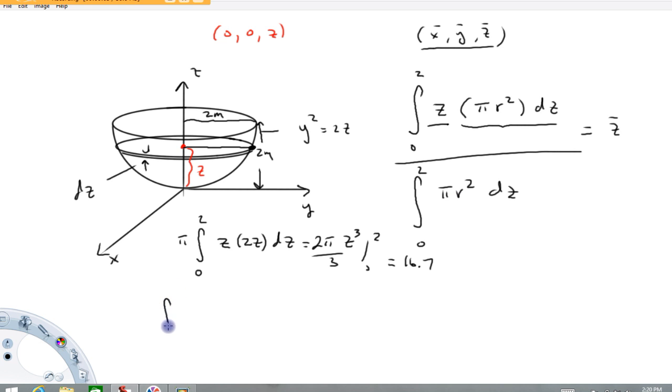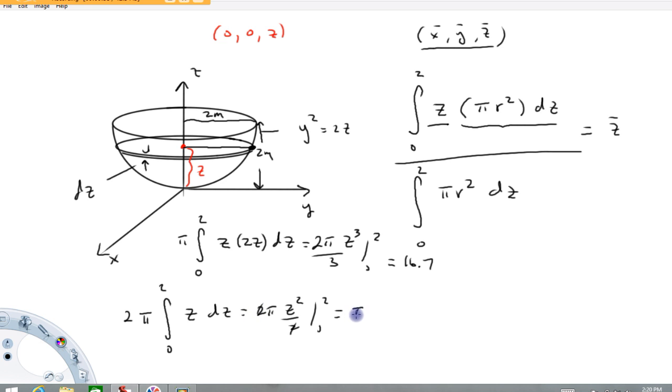So now in the bottom, we're going to have the integral 0 to 2. That pi might as well just come out in front. R squared, and remember the radius here and y are the same, so r squared is 2z. The 2 I'll bring out in front. z dz. So we're going to have 2 pi times z squared over 2 from 0 to 2. Boy, that one's kind of a nice one. These are going to just cancel.